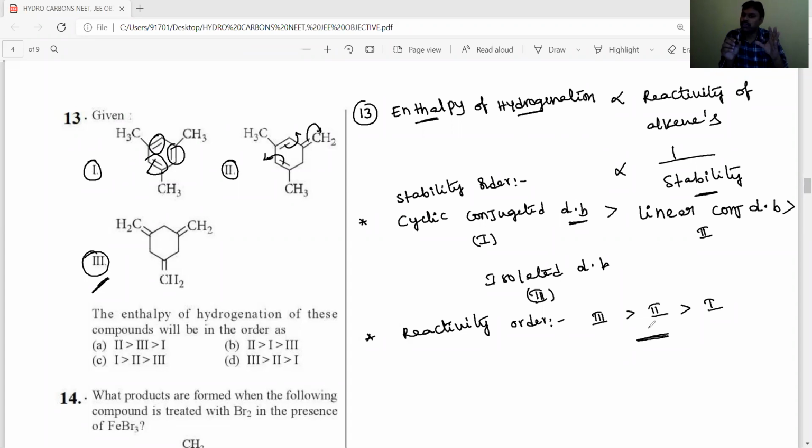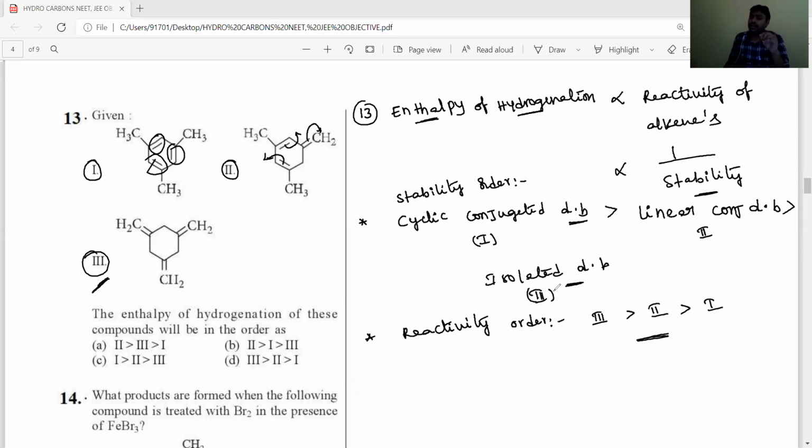Okay, students. Reactivity is always inversely proportional to the stability of alkenes. Cyclic conjugated double bond compounds are more stable than linear conjugated double bonds, and then isolated double bonds. The stability of alkenes we have already discussed, and based on the hyperconjugation effect we can also explain it.